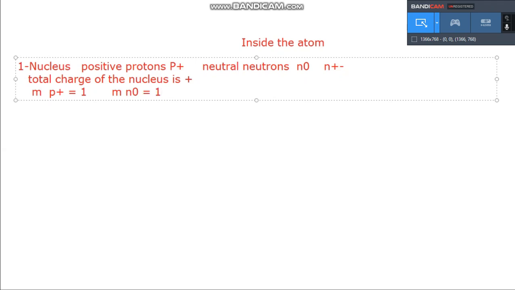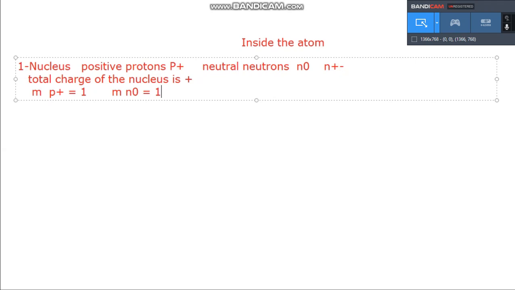So we talked about the components inside the nucleus. We have positive protons and neutral neutrons. The protons are positively charged, neutrons are neutrally charged, so the total charge of the nucleus is positive. The mass of a proton equals 1, and the mass of a neutron equals also 1.